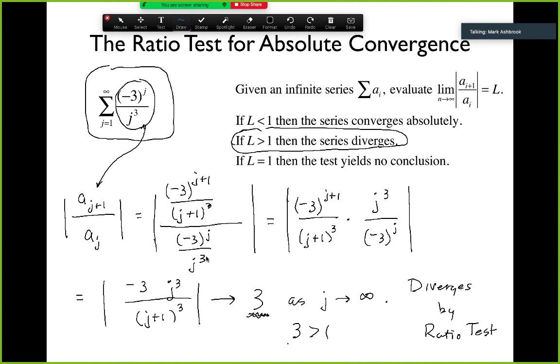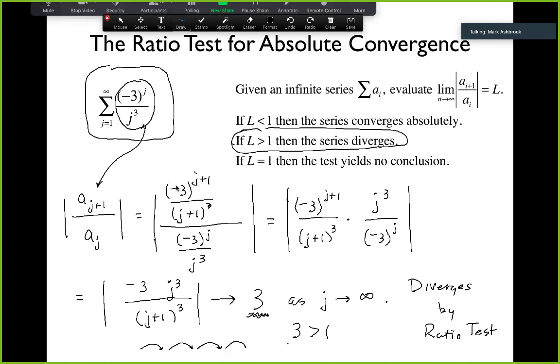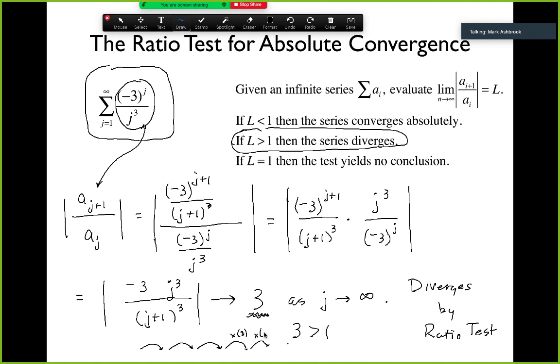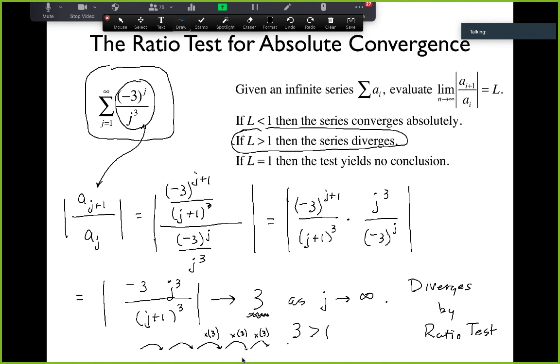Remember, this sequence was like the multiplier from one term to the next. And so the limit of the multipliers on this sequence is 3. So in the very end, it's like we keep multiplying by 3 each time. What is that like? A geometric series? Right.